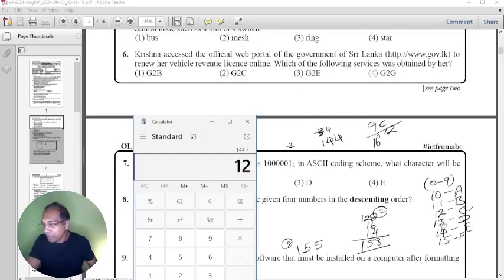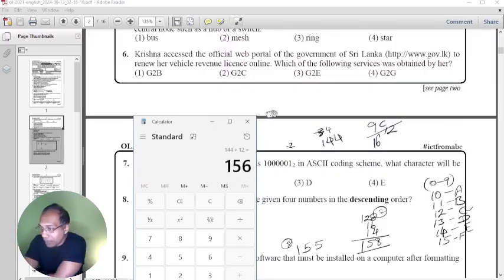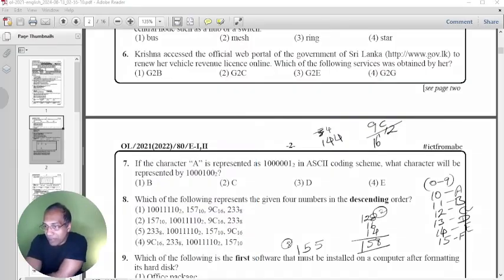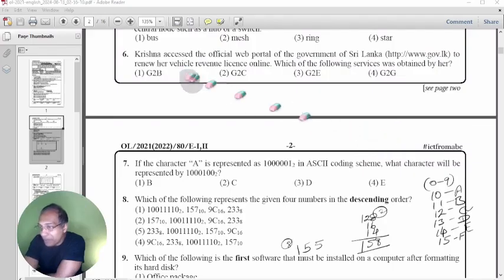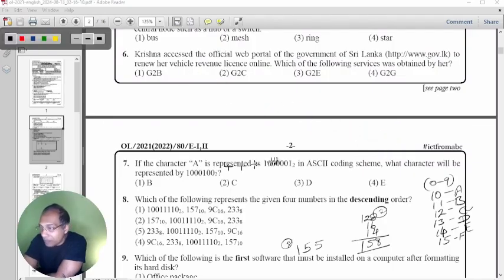Right, so we need to add these numbers, this and this, so that's 156. Okay, so we have 156. That's 156. So this is the hexa value.